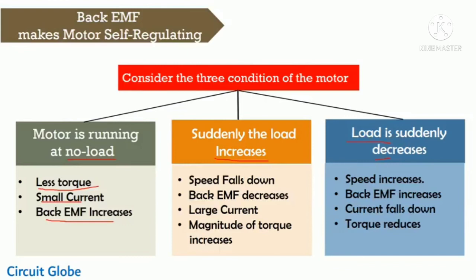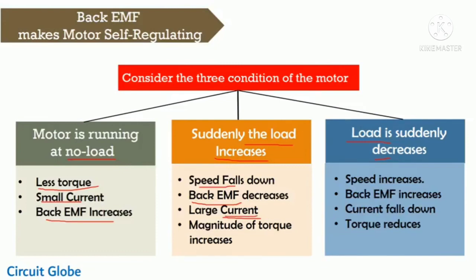Now consider the motor is running and we suddenly increase the load. In that case, the speed of the motor decreases. If the speed of the motor decreases, then the back EMF induced in the conductor also decreases in magnitude. The back EMF is inversely proportional to the armature current, so if the back EMF decreases, that means the armature current increases.